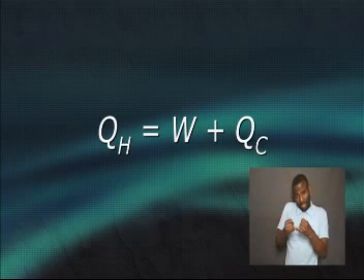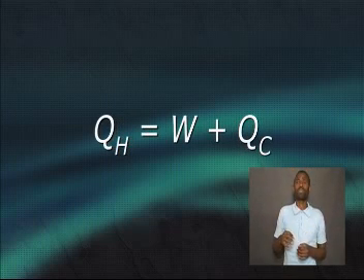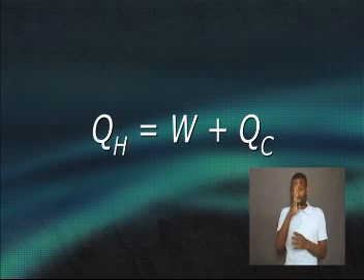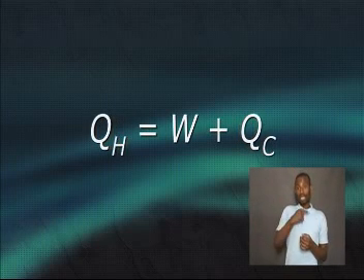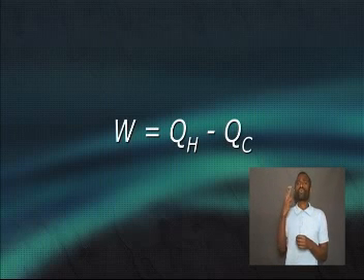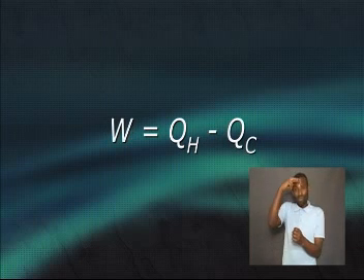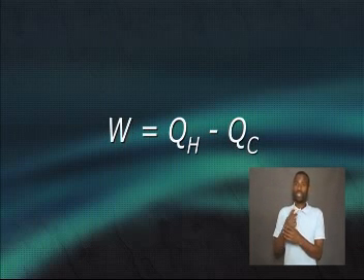Finally, to determine the useful work produced by a heat engine, we may use the equation useful work out equals energy from the heat source minus energy to the cold sink.